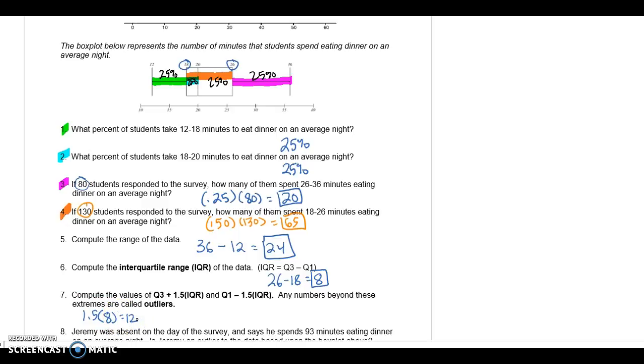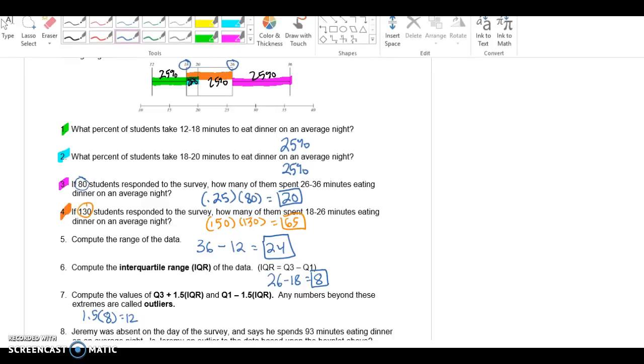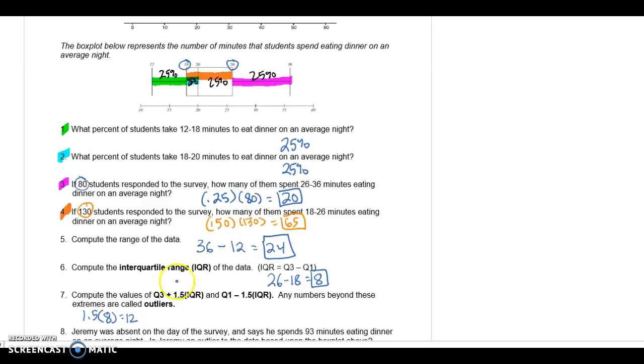and that's 12. So if I want to find the higher outliers, I'm going to take this Q3 plus 1.5 times IQR. Q3 we said was 26 plus 12, 38. I do the same thing for Q1, but instead of adding 12, I'm going to subtract it.